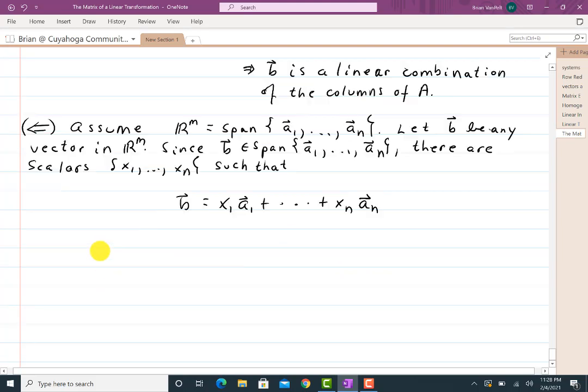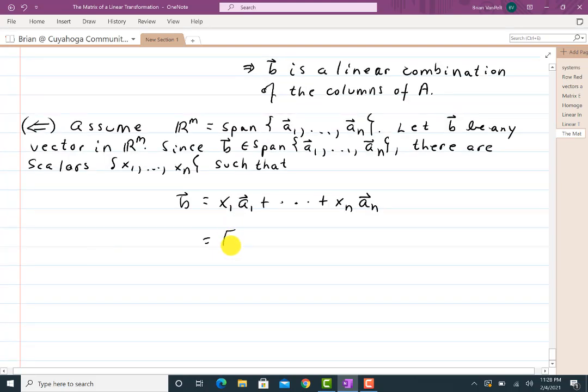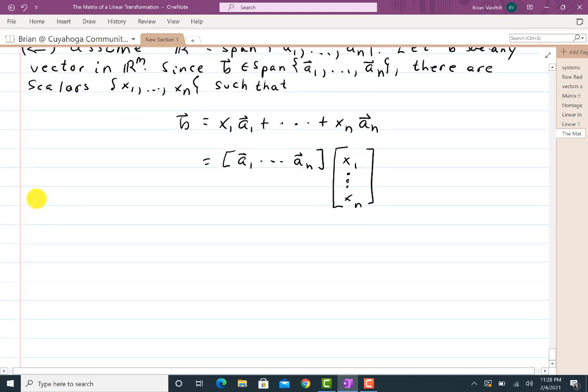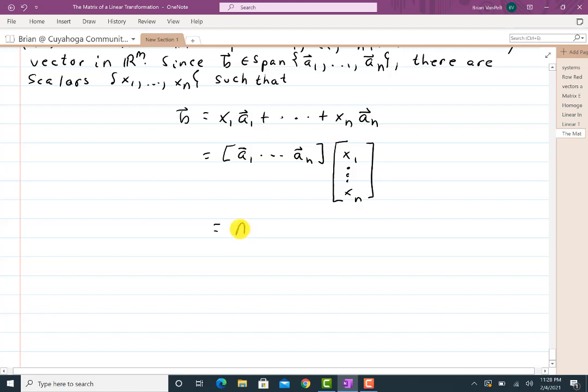And of course, I can break this out as a1 to an times x1 to xn, which of course is Ax, which of course is T of x. So of course the x I'm talking about is this particular x right here. And so this implies that T is onto.